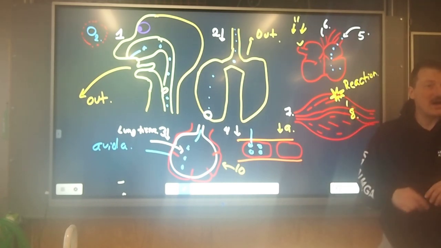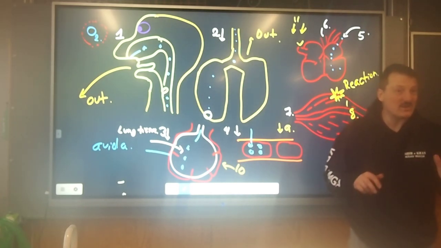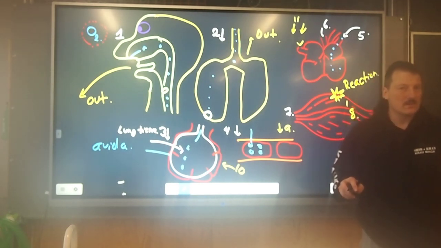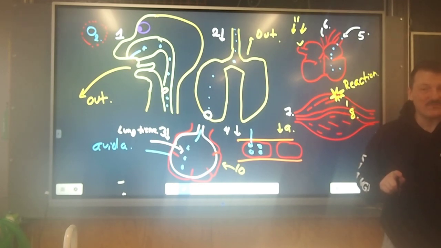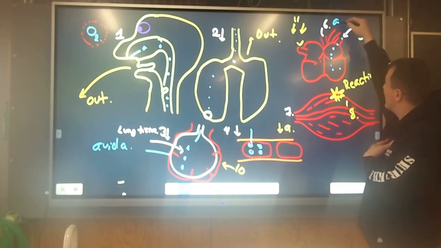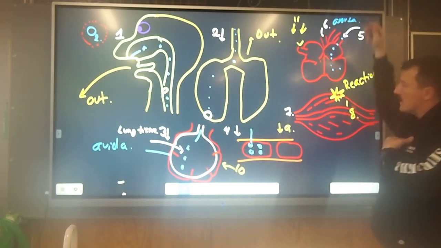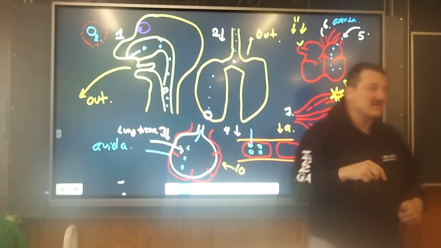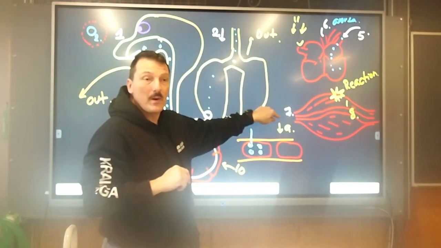Which direction does our left ventricle push the blood? It pushes it into a very specific blood vessel. The big one? It goes into the aorta here. Then some goes to the brain, some goes to the body. This blood cell here goes to the body.